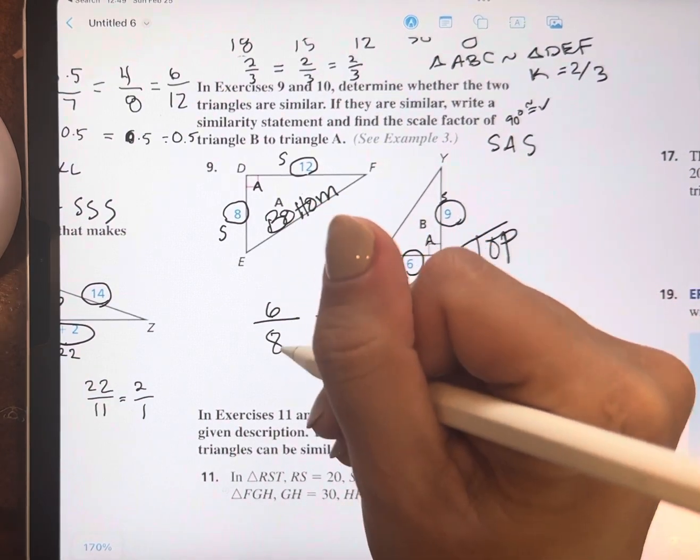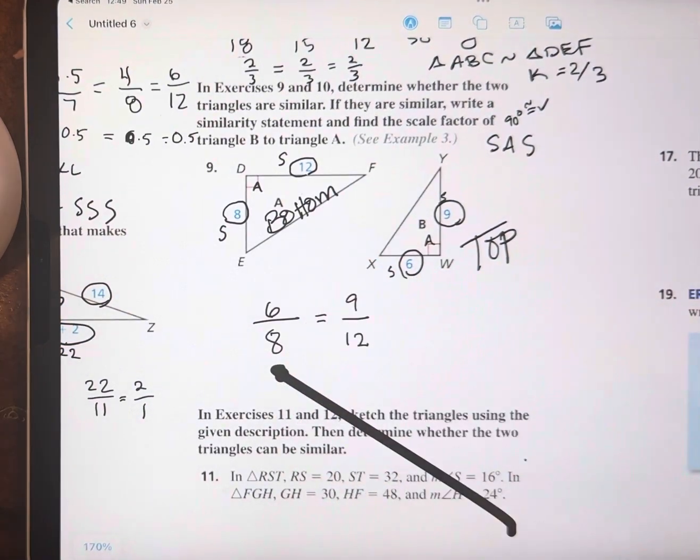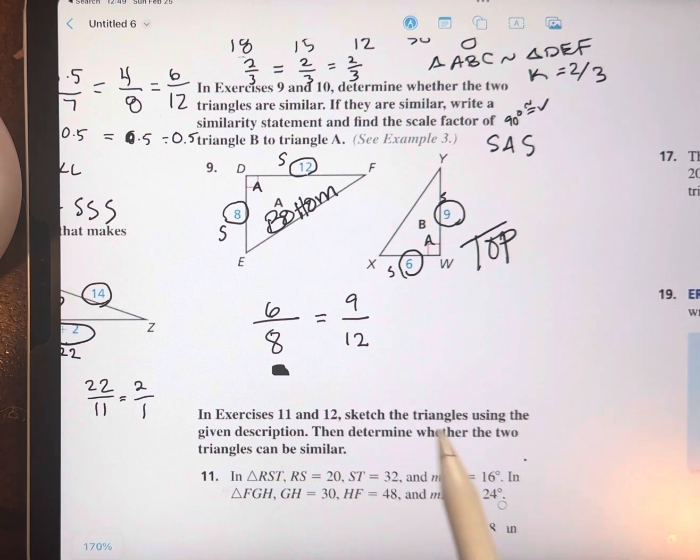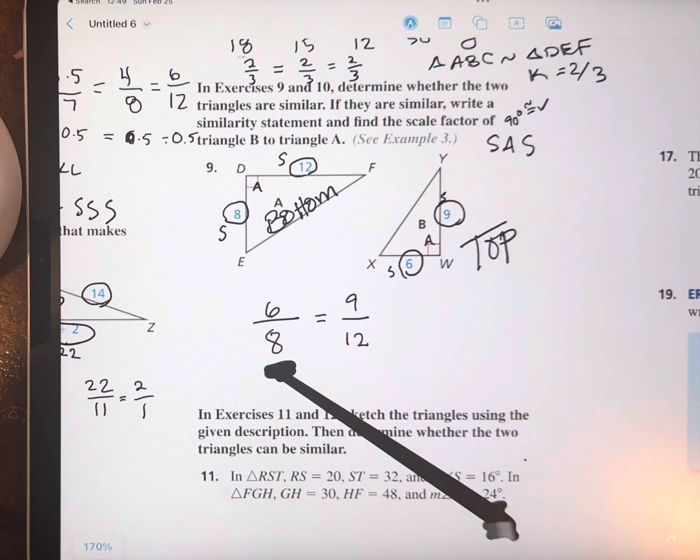Let's see. So 6 over 8 will reduce to what? Oh no, this has happened before and it does not end well. This thing is about to get weird. Huh. Oh dear. Why do you hate me?